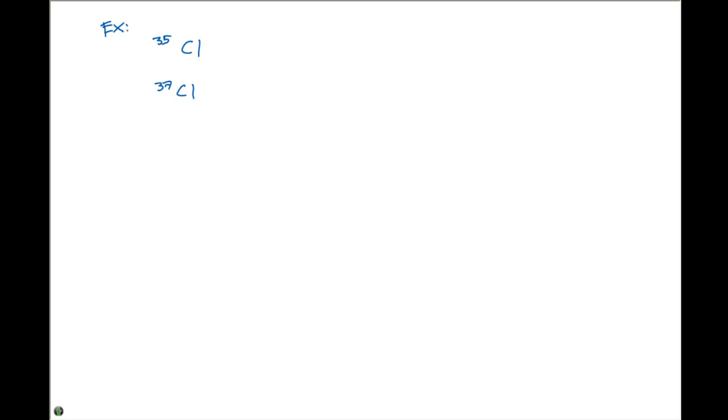Notice that many times when we write isotopes, we don't need to include the atomic number. In this case, for chlorine, it's understood that there's going to be 17 protons and the atomic number is going to be 17. So we typically don't represent that when we write out the isotopes. So here we have our two isotopes of chlorine, and we need to figure out the relative abundance.